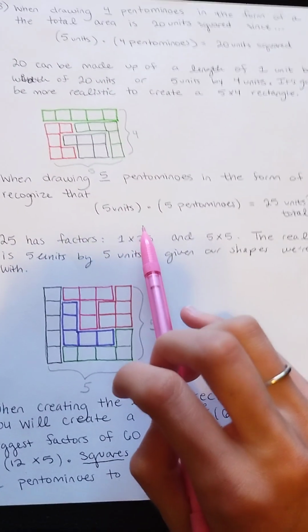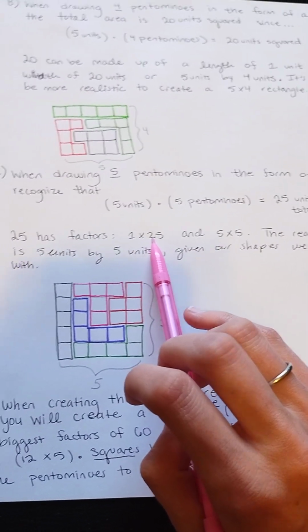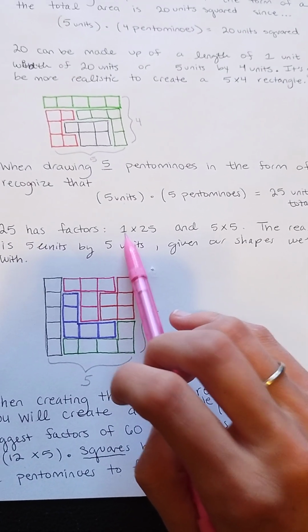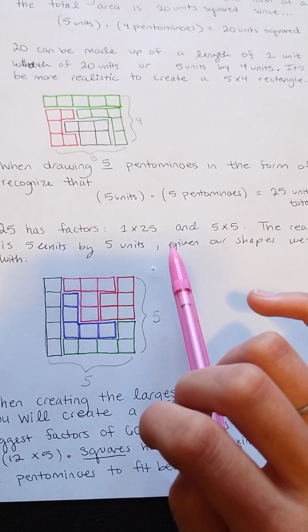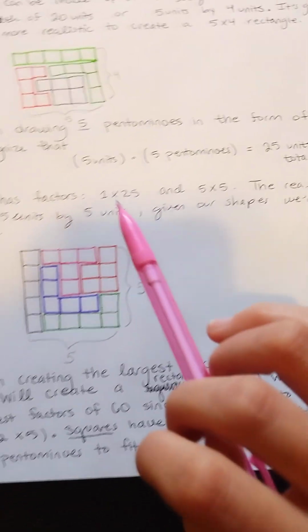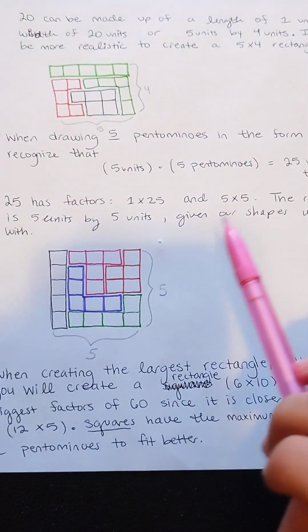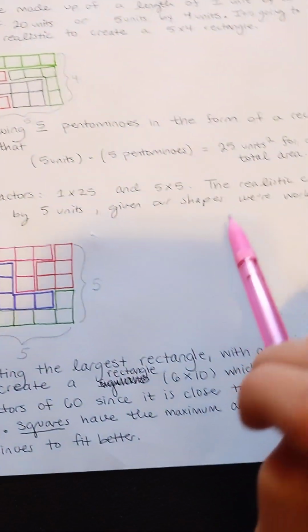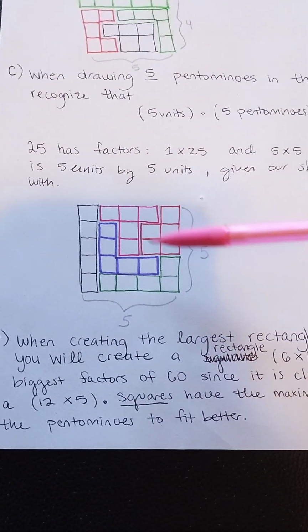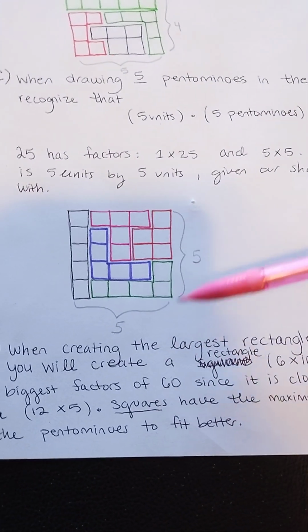And again, we do not have the shapes to be able to form a length 1 width 25 unit rectangle, but we can do a 5 by 5, recognizing that 5 times 5 equals 25. Those are its factors, and so that is what I did below using 5 pentominoes.